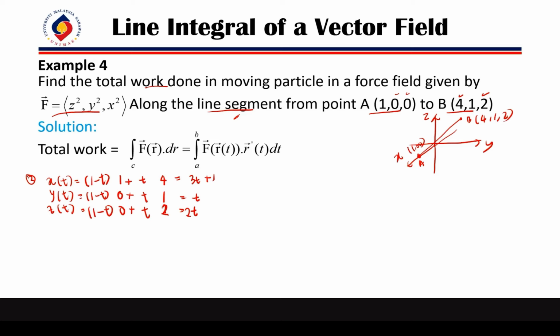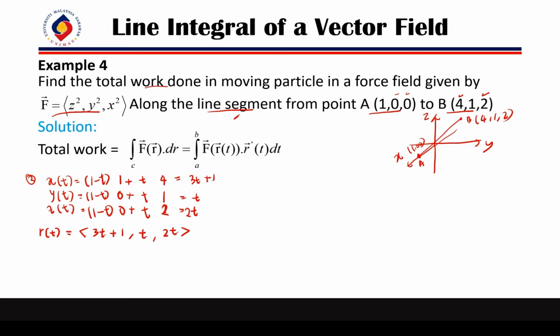Alright, so this is how we parameterize, but please remember, after we parameterize, let's put it this way: r of t is equal to 3t plus 1 in x, then t and 2t.